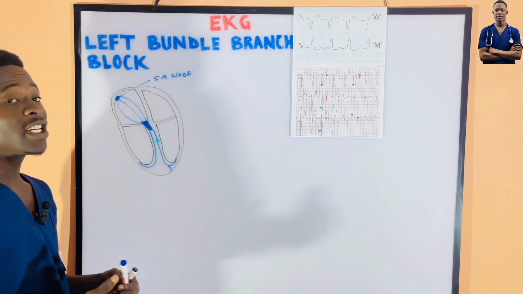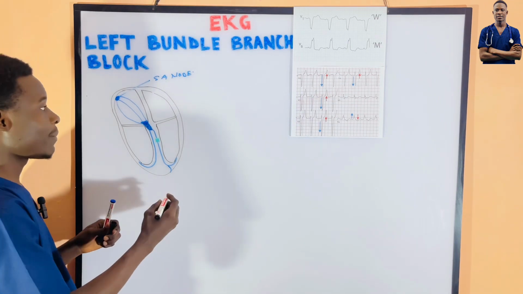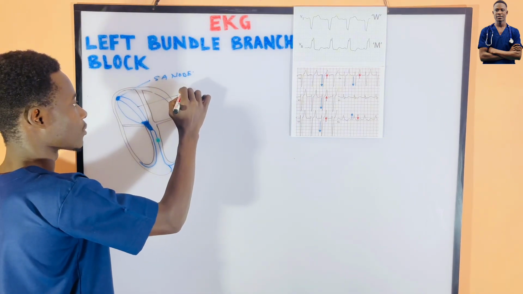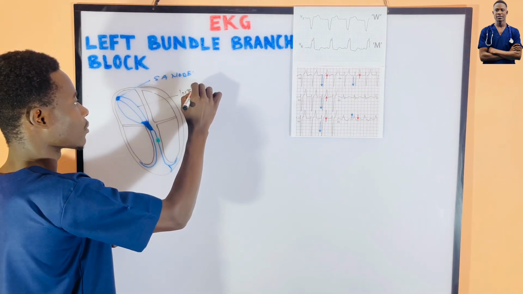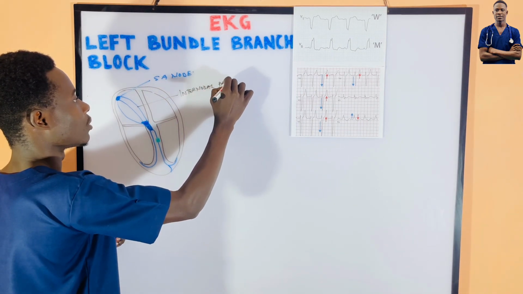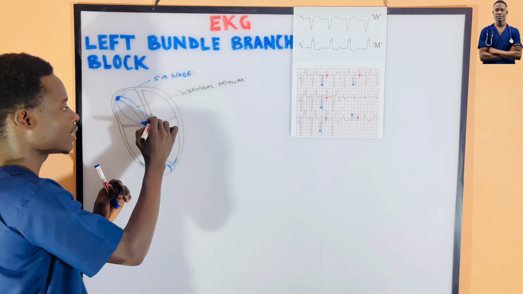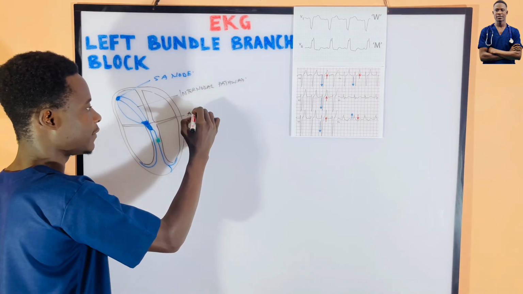Now, when you generate the electrical impulse from the sinus node, it transmits into the internodal pathway, and then gets into our AV node.